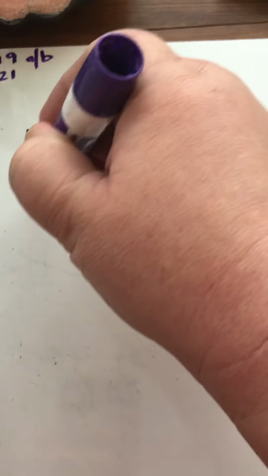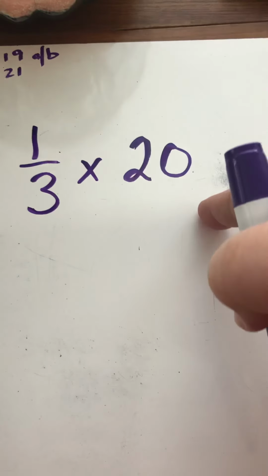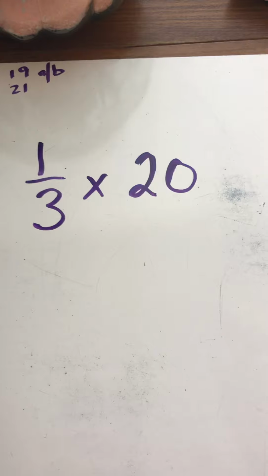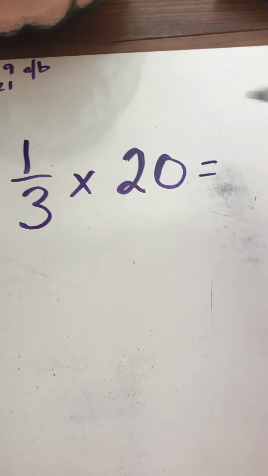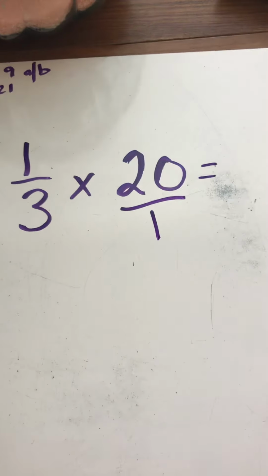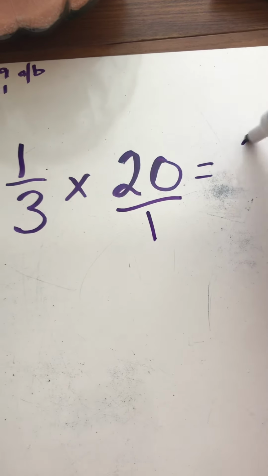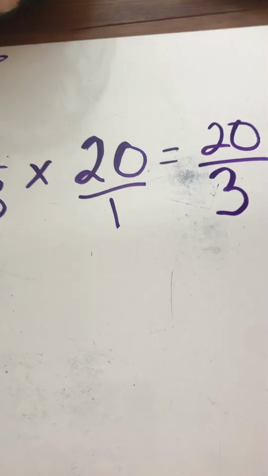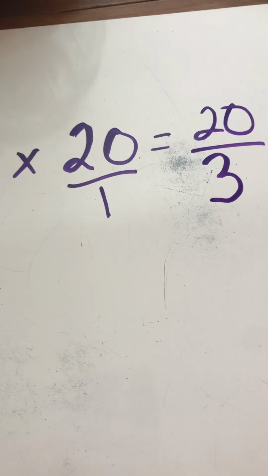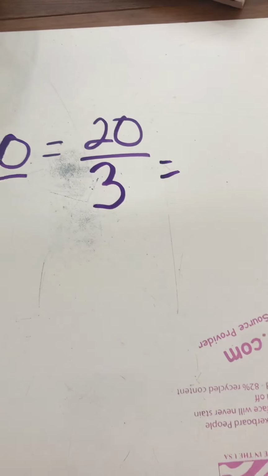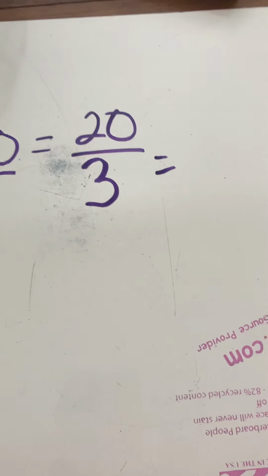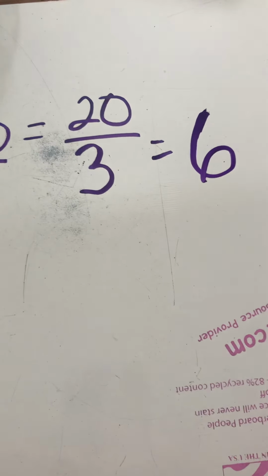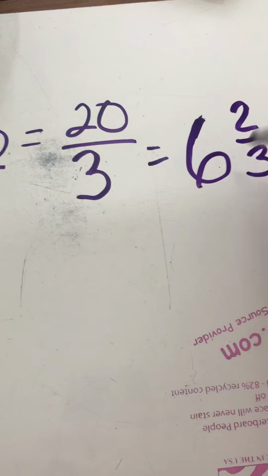So if I'm doing 1/3 of 20, it's 1/3 times 20, and if I do 20 over 1 times 20 is 20, and 3 times 1 is 3, which gives me 20 over 3. When I simplify that down, I know that 3 times 7 is 21, so I can't do that. So I'm going to do 3 times 6, which is 18, and 2/3.